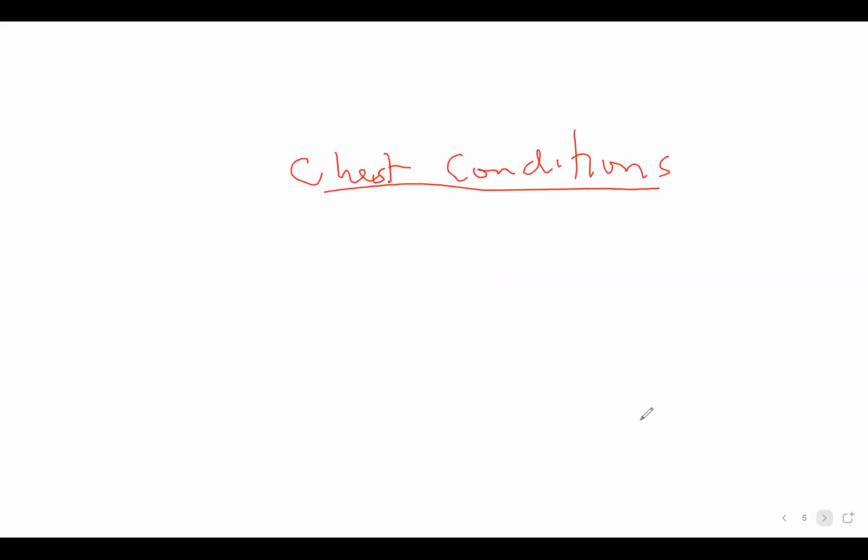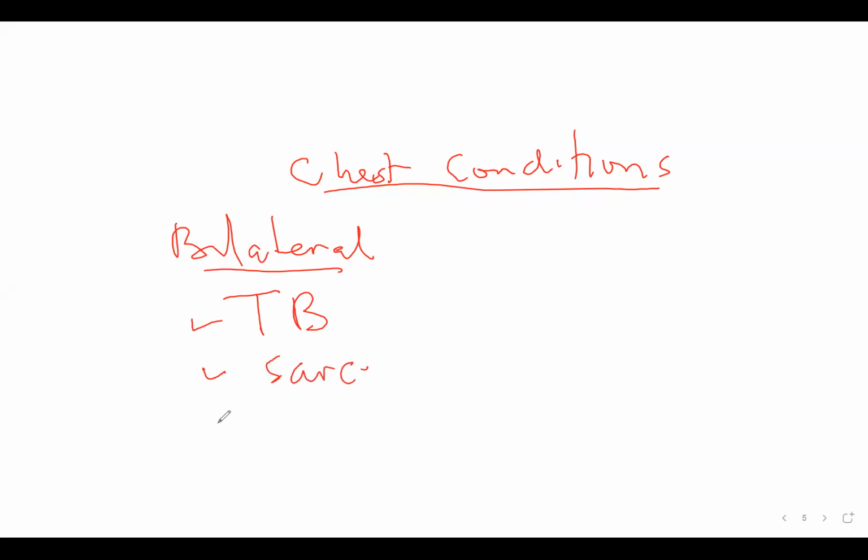Now for bilateral, commonly tuberculosis. Don't forget, aside from tuberculosis, sarcoidosis and lymphoma can also give you that. I told you lymphoma will even give more of bilateral than unilateral.